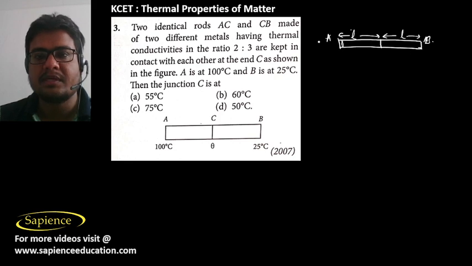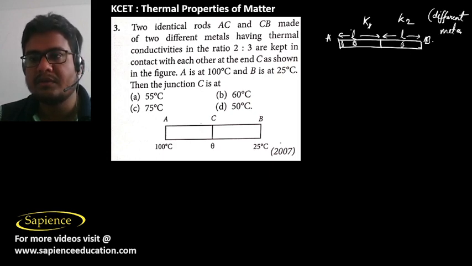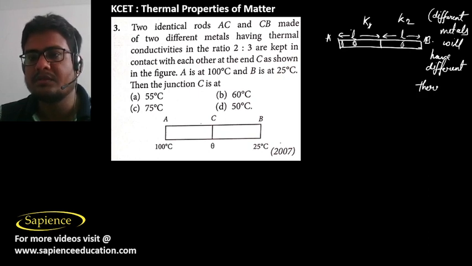This is A, this is B. Area of cross section is the same here and here, but their thermal conductivities are K1 and K2 since they are made of two different metals. Different metals will have different values of K, different thermal conductivities.